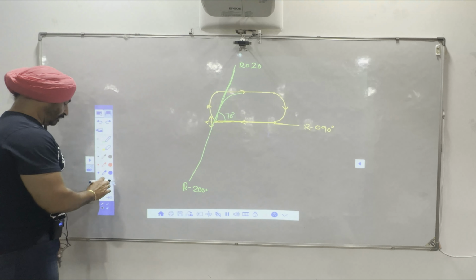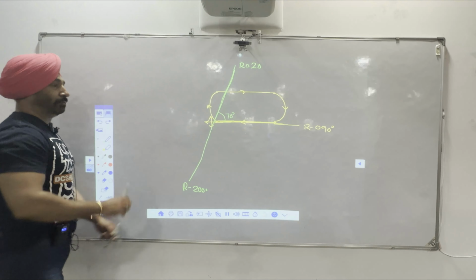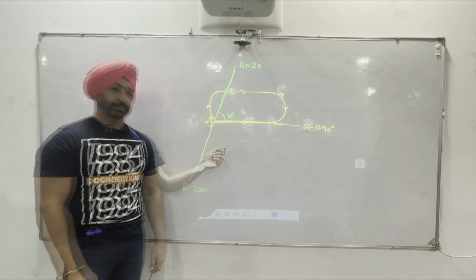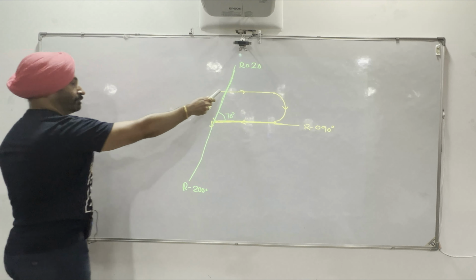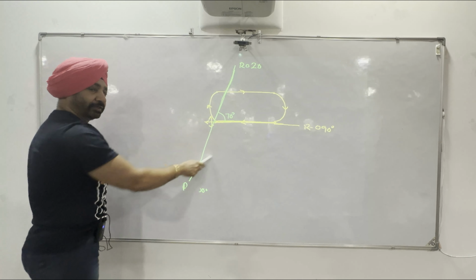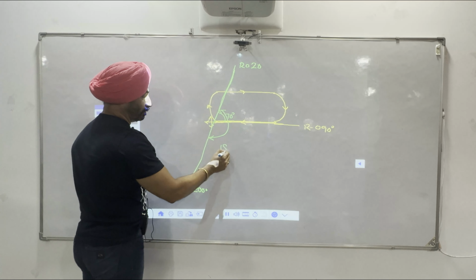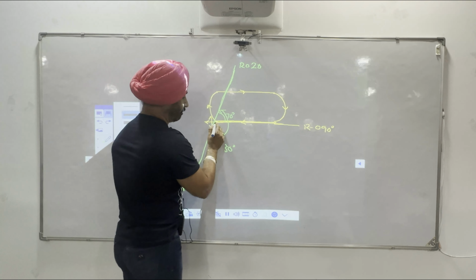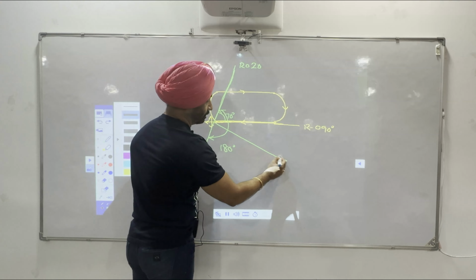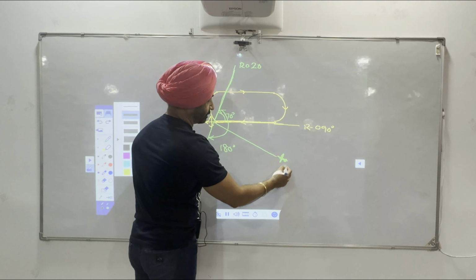So on either side of your inbound, it is a direct entry. This total sector is 180 degrees, and this is your direct entry sector.